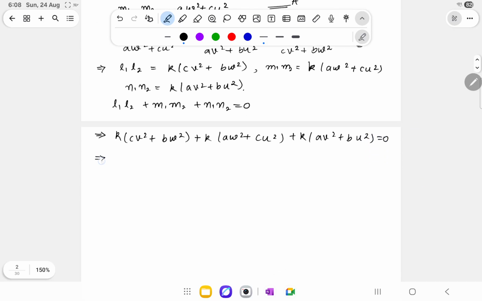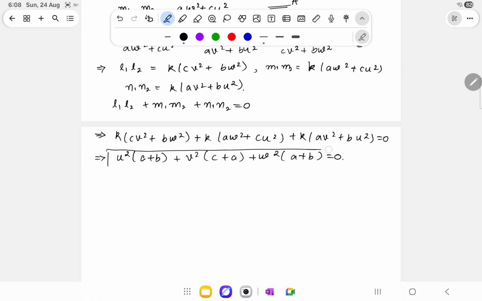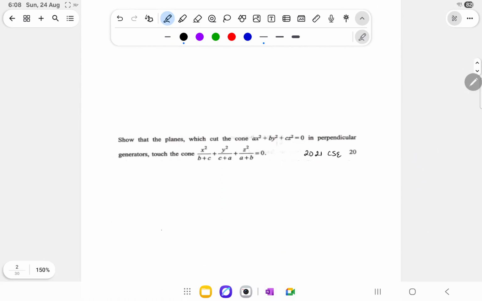If I simplify it by clubbing the coefficients of u square, v square and w square, I'll get u square into b plus c plus v square into c plus a plus w square into a plus b equals 0, which is my required condition when the given plane cuts the cone in perpendicular generators. So this is what we were supposed to prove. Let's move on to the next question.